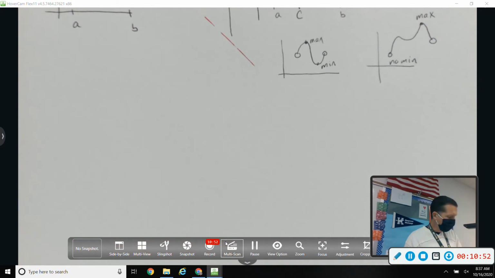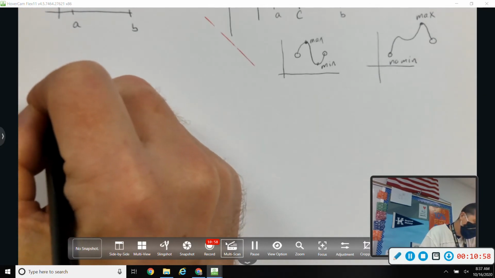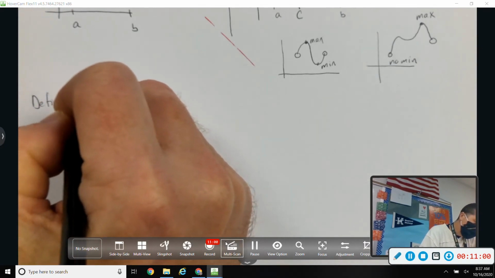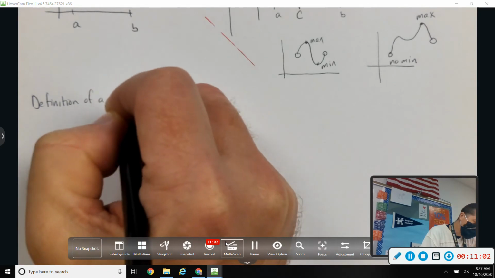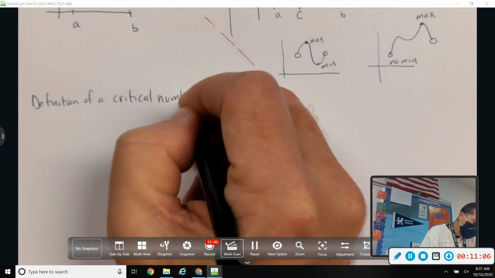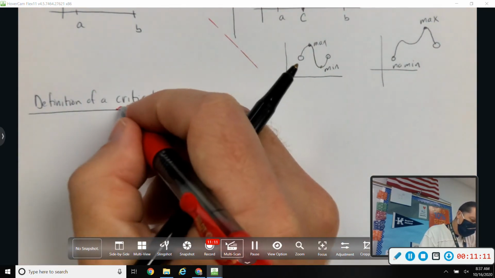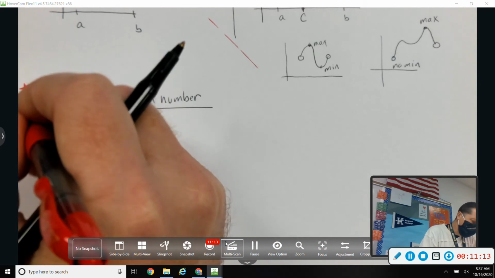All right, then we're going to define a different thing and then put those two ideas together. Definition of a critical number. I mean, critical makes it sound important, and it is.